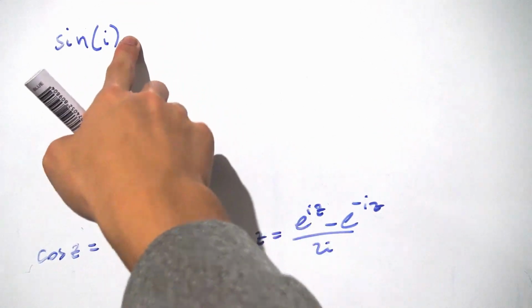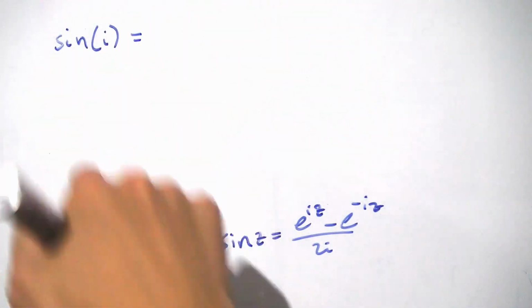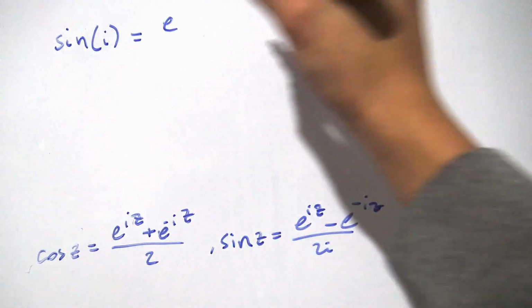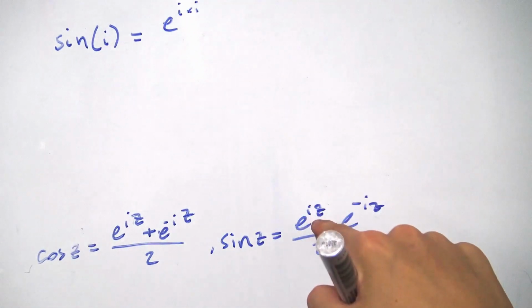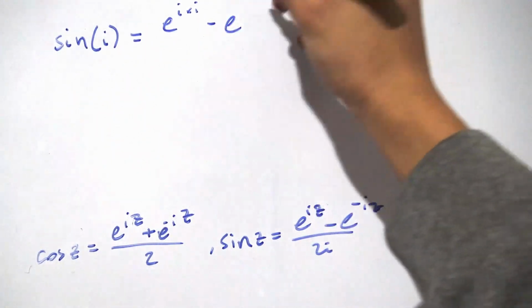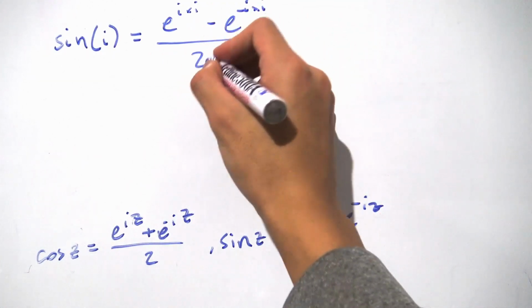Well, sine of i, we can just use the complex exponential definition of the sine. And if we plug i into these z's right here, what are we going to get? Well, we're going to get e to the i times i, so replacing z's with i's, then minus e to the negative i times i, and then we have over 2i.